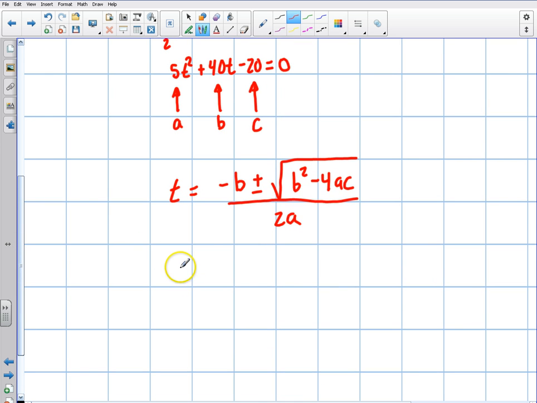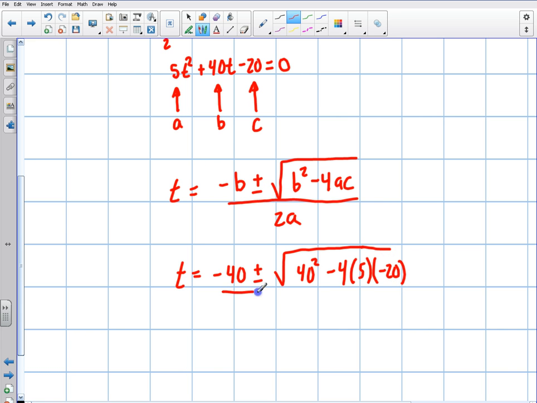So if I'm looking for the time, I'm going to have time equals negative 40 plus or minus the square root of 40 squared minus 4 times 5 times negative 20, all of that over 2a, which is 2 times 5.